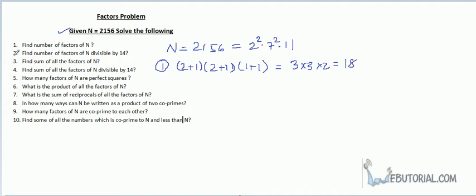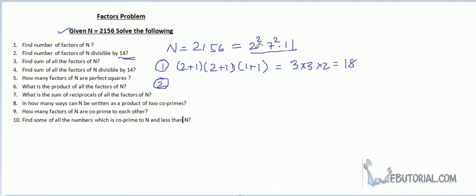Now let's look at question number 2. Here also you have to find the number of factors, but one constraint is given: the factor should be divisible by 14. To find factors divisible by a certain number, just divide the whole number by that number.